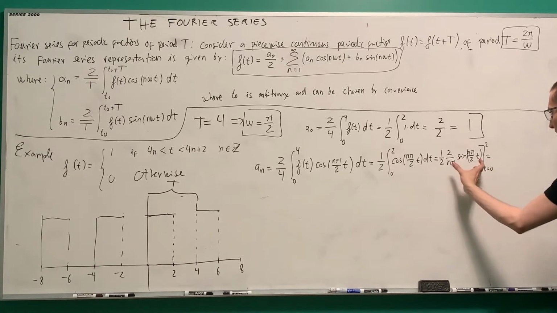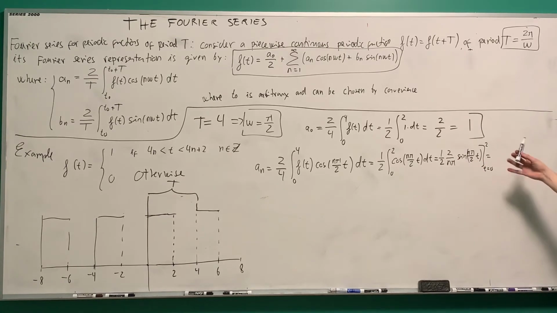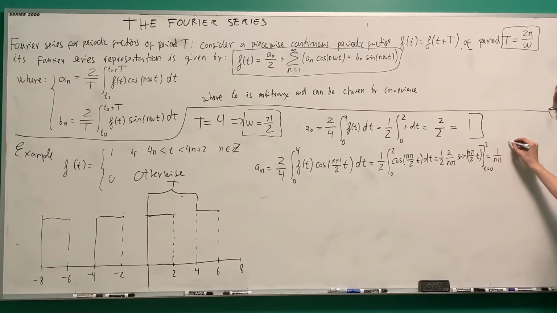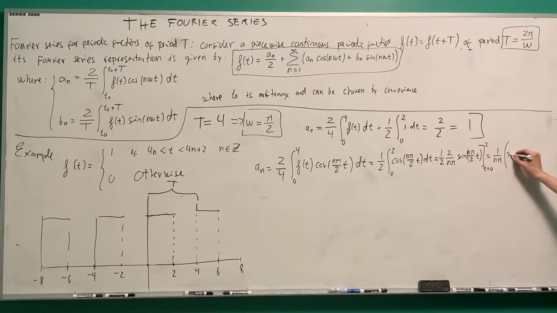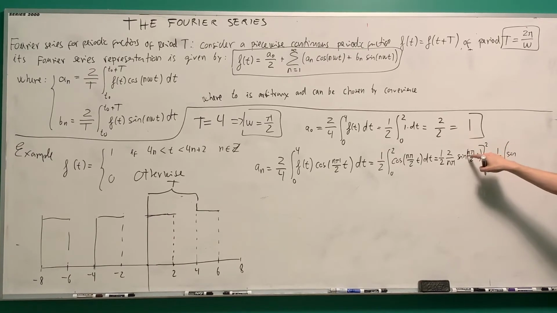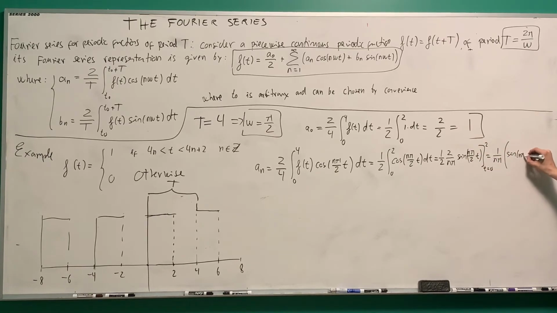The 2 cancels, so 1 over n pi, and then we get the sine of n pi, when t is equal to 2, minus the sine of 0.